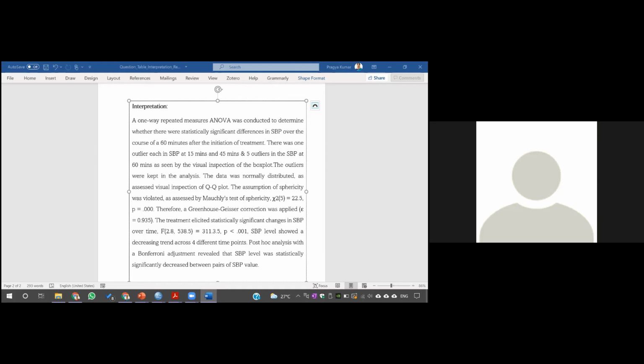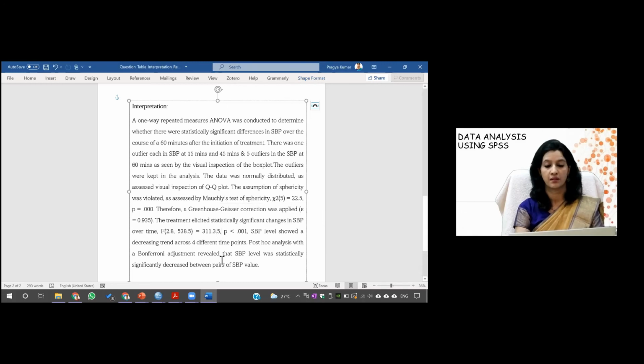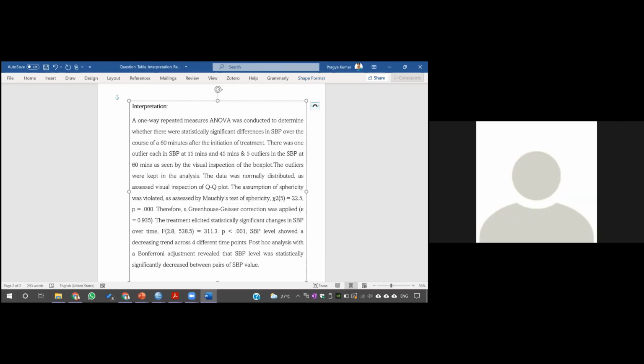The data was normally distributed as assessed by visual inspection of the QQ plot. The assumption of sphericity was violated as assessed by Mauchly's test of sphericity. Chi-square was 22.5 and the p-value is less than 0.001. Therefore, a Greenhouse-Geisser correction was applied, that is epsilon equal to 0.935. The treatment elicited statistically significant changes in SBP over time, with F value 2.8 and 538.5 degrees of freedom, and the F value equaling 311.3. The p-value was less than 0.001.